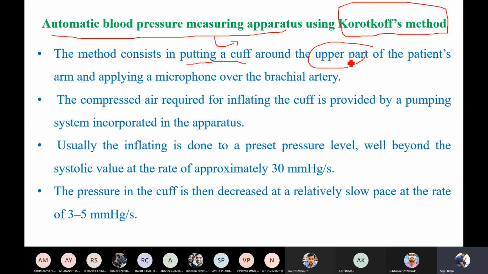And there the doctor used to press a bulb, and whenever you press the bulb, the cuff gets inflated. But here there will be a pump. So you are completely replacing the stethoscope with a microphone, the mercury manometer with a pressure sensor, and the bulb with an automatic pump.